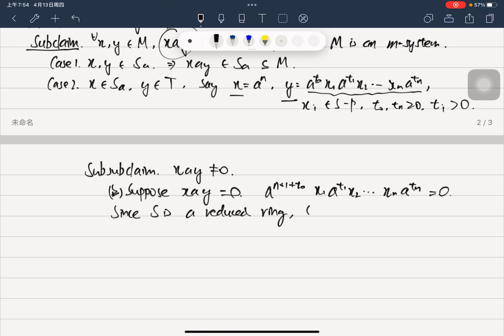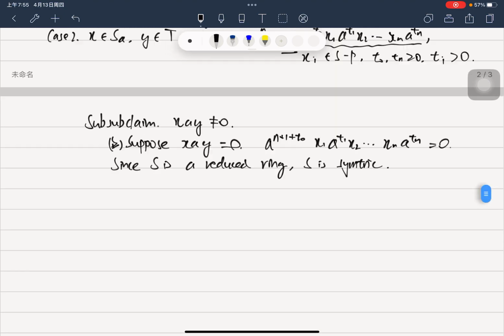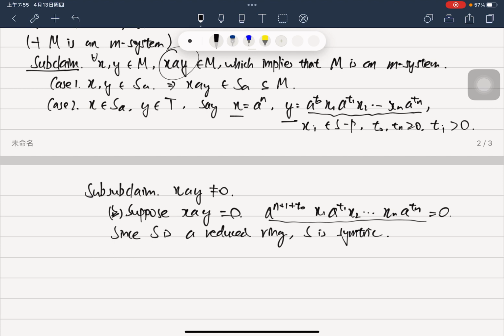This means that S is symmetric. What is symmetric? Let's see. Here, if ABC is 0, then ACB is 0, which means I can commute the elements if the product is 0 by multiplication. So here is also the same.